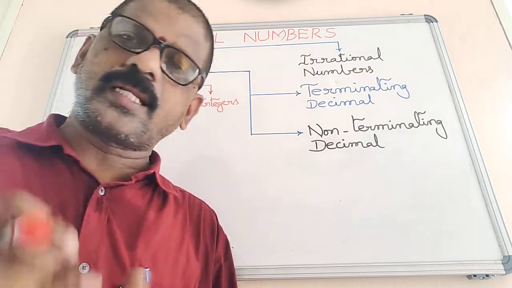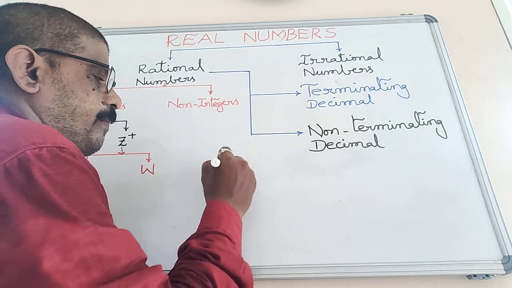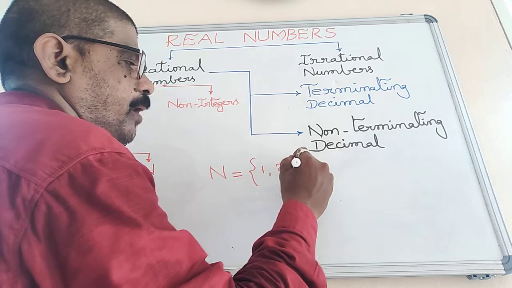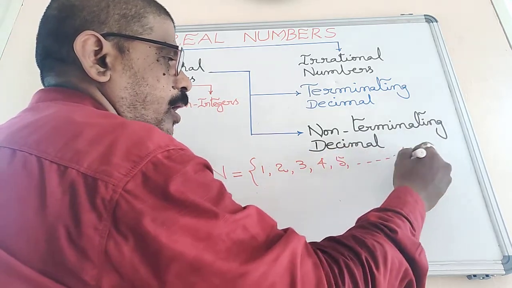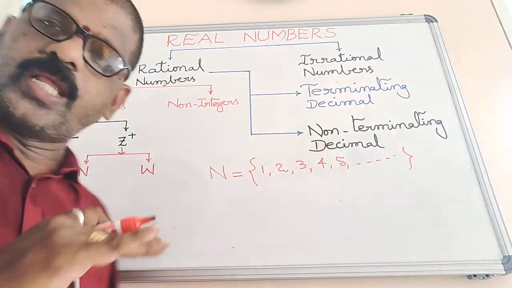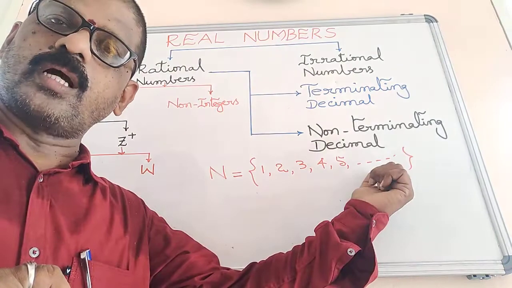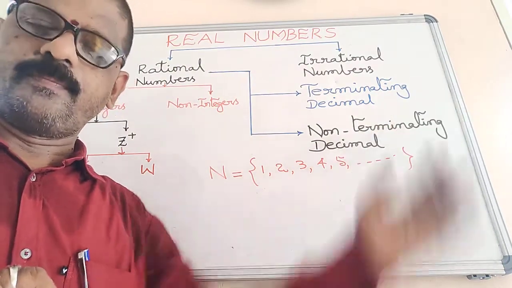The set of natural numbers is denoted by N, that means 1, 2, 3, 4, 5 and so on.